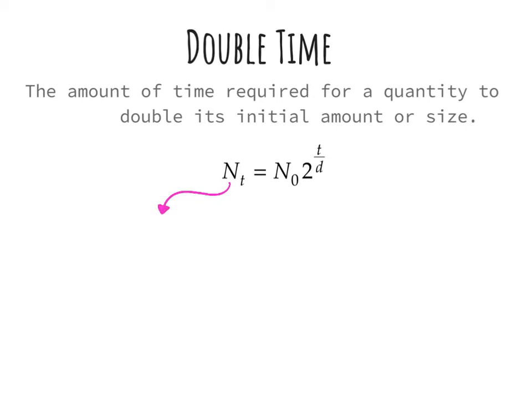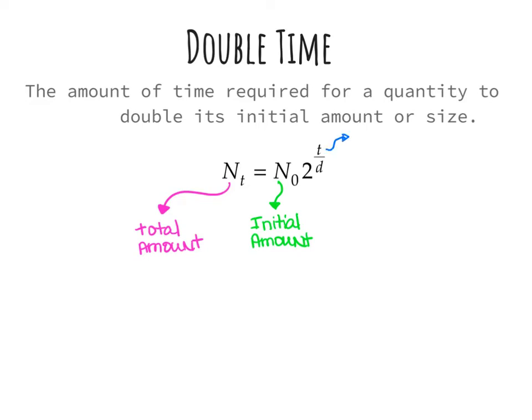This is going to be your total amount remaining, so we're going to have total amount. And then we're going to have the N subscript 0. Now, just like before, this is going to be your initial amount, what you start with. And then we have the 2 as our base. And then we have T again.